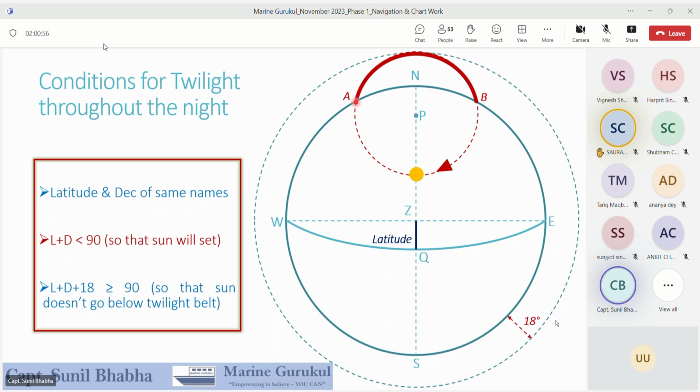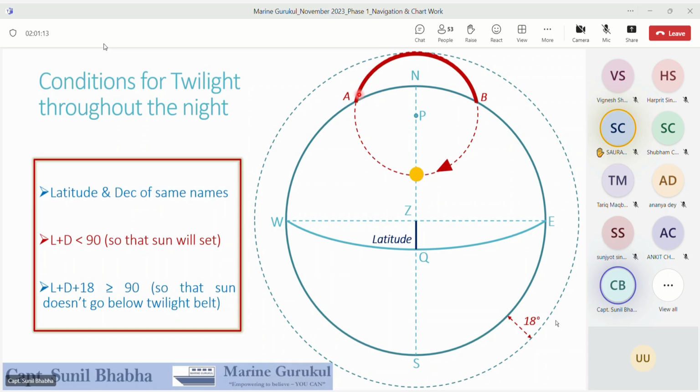Now you can see clearly here that the motion of the sun when it goes below our horizon from point A up to here and then going up to point Bravo. You can follow the laser pointer.